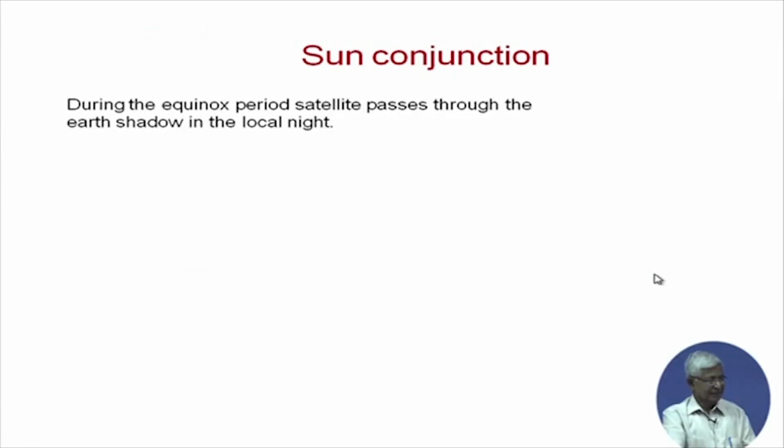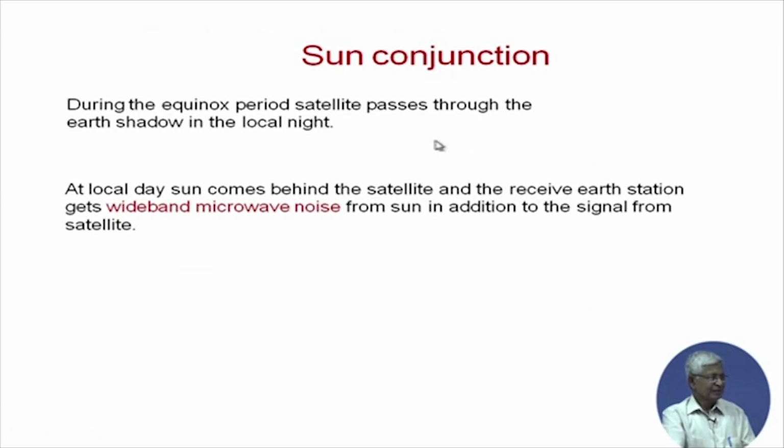The other side, that is the daytime, the sun is behind the satellite. Just imagine, earth was between satellite and the sun, and in the daytime, in the same period of the year, sun conjunction takes place, which is that local day the sun comes behind the satellite, and the receiver station gets a very wideband microwave noise which is generated by the sun in addition to the signal generated by the satellite.